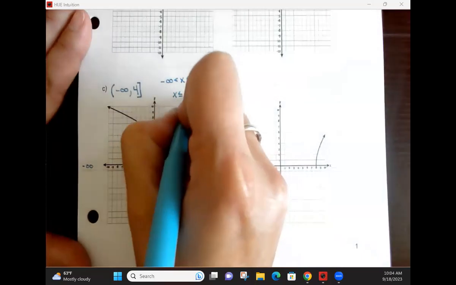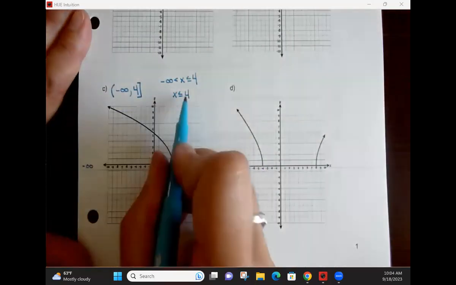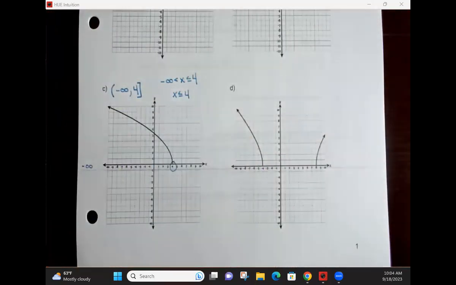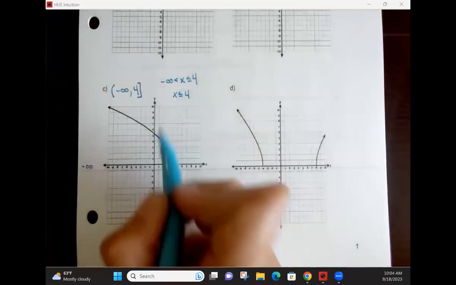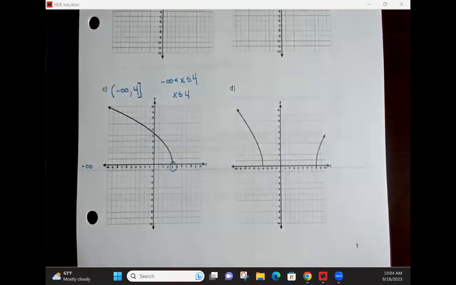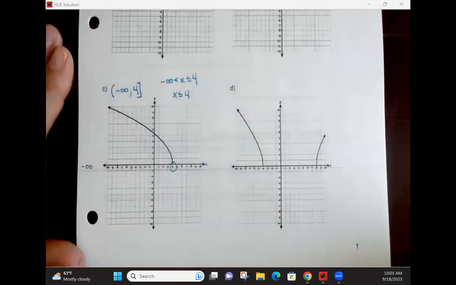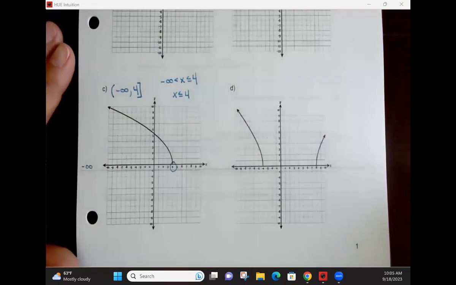Or I could write this just as x is less than or equal to 4. X is less than or equal to 4 means all the values less than 4. So I don't actually have to write this part of it. That doesn't mean you wouldn't maybe see that written a couple years from now on the AP test, but these would be equivalent. Those mean the same thing.